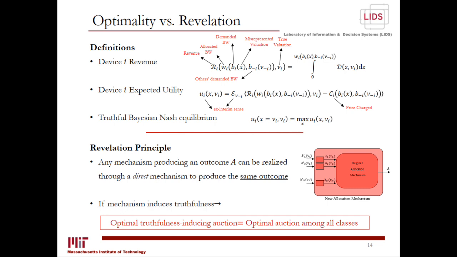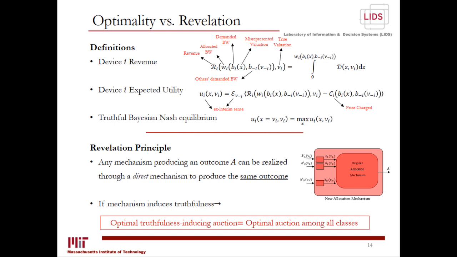The only thing they have to do is not misrepresent their valuations. If you look at this function over here, this is the bidding strategy. This is the amount of bandwidth that the device requires. X is the valuation of the device that it tries to misrepresent, tries to hide. So the only thing that the revelation principle requires is that X is equal to nu I.